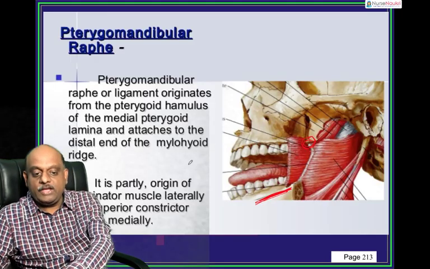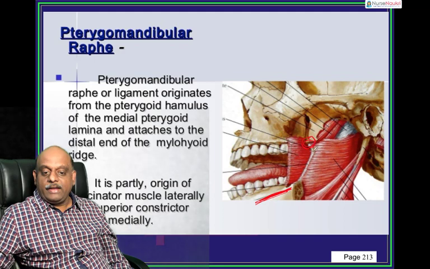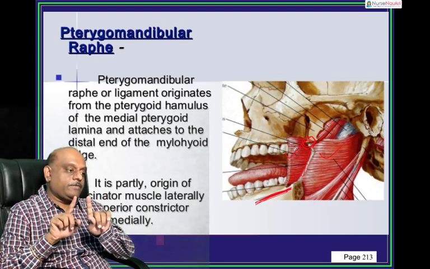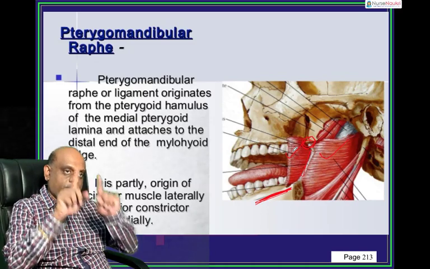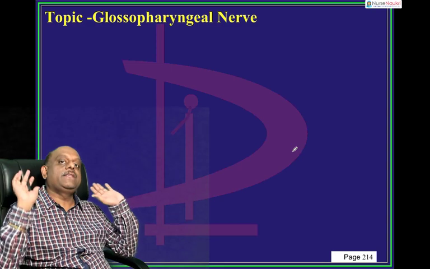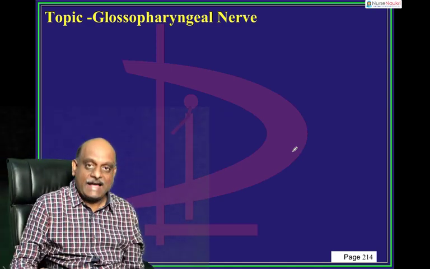Pterygomandibular raphe is what you need to remember, and it need to be remembered because for the superior constrictor and for the buccinator, for both of them to attach, it is the one which is centrally the bridging force between these two muscles is what you need to understand. That completes our journey on the pharynx.